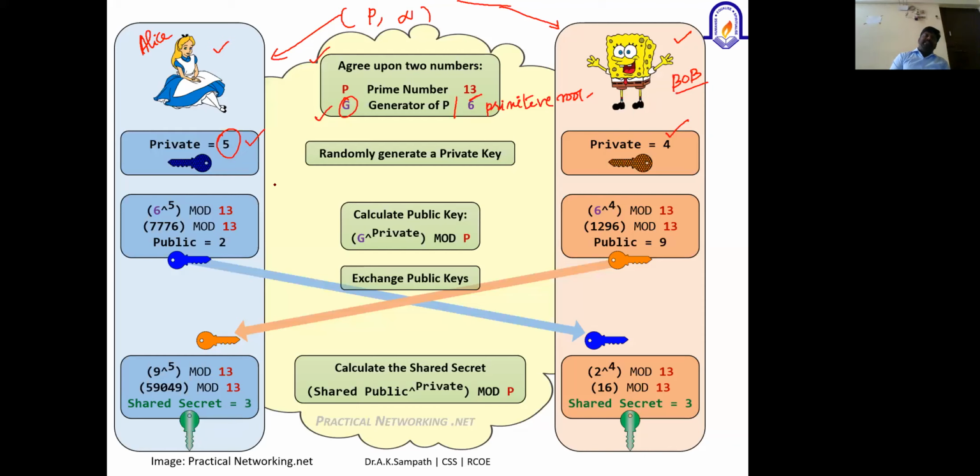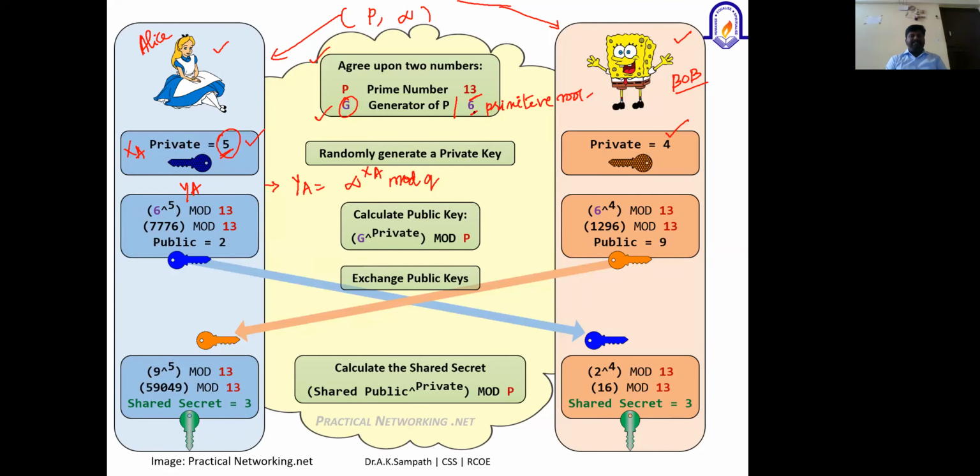Now, calculating the public key, Alice's private key, let's assume the variable is XA. Now in order to calculate the public key, which I'll assume is YA, the calculation is alpha power x of a mod q. I hope now you are clear, right?